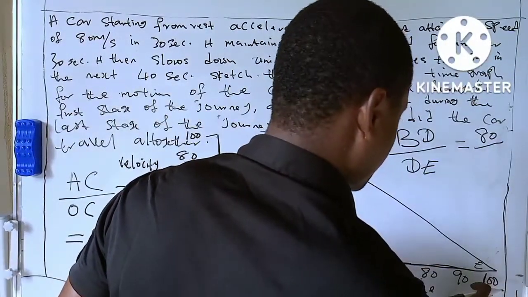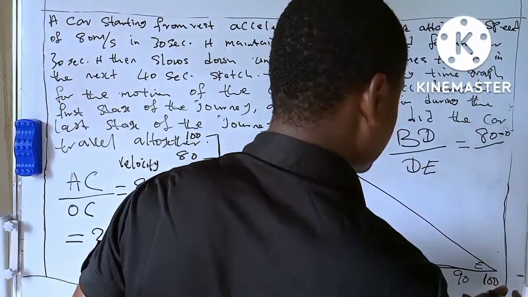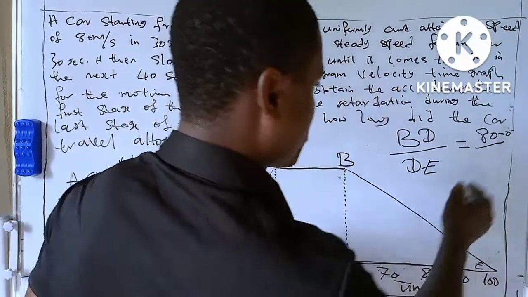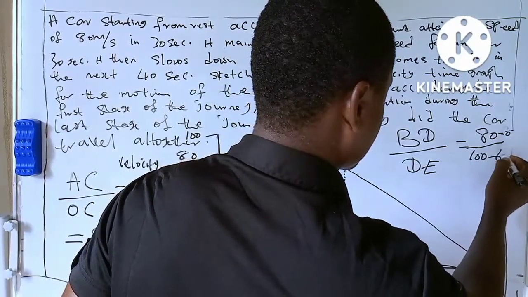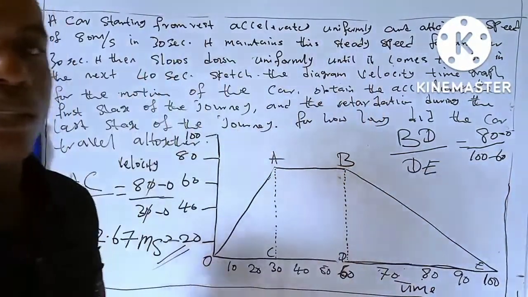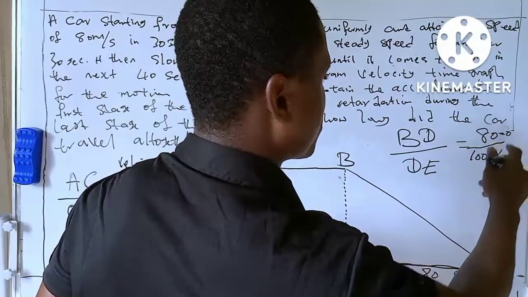This is 80 minus 0 and 100 minus 60. So we have 80 minus 0 over 100 minus 60.